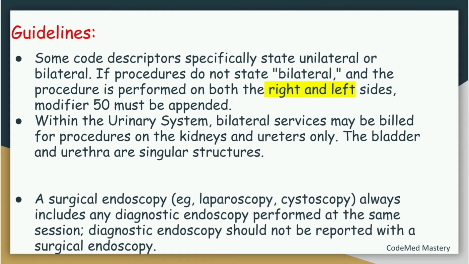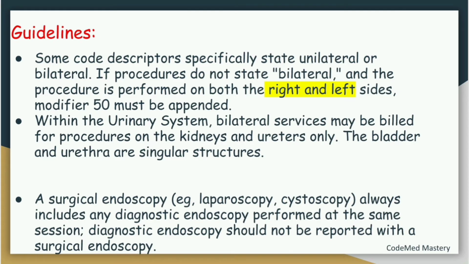And another important guideline in urinary system is that some code descriptors specifically state unilateral or bilateral. But if procedures do not mention bilateral and the procedure is performed on both right and left sides, then we have to append modifier 50 to indicate it is a bilateral procedure.